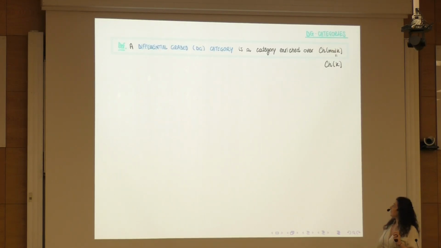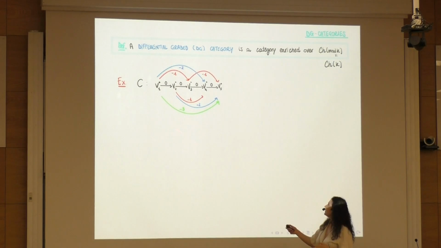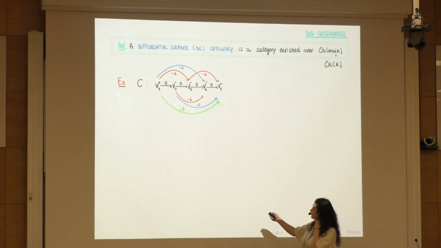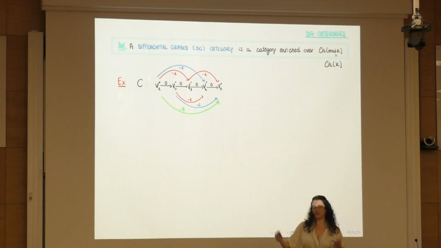So, DG category are a category enriched over chain complexes. So, this is a simple definition. Let's also here see an example. This is a DG category where the I are the objects, and every different color of the arrows are arrows in different degrees.